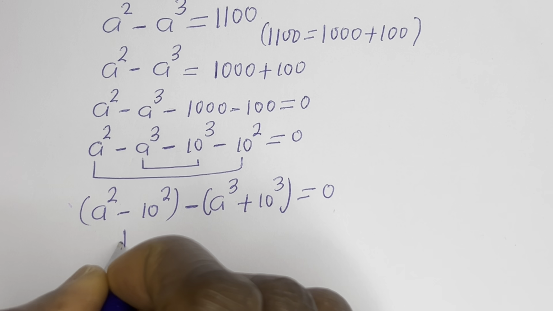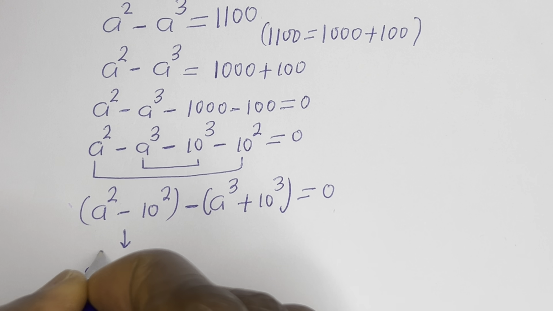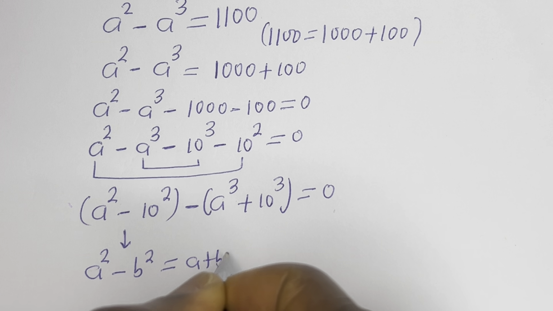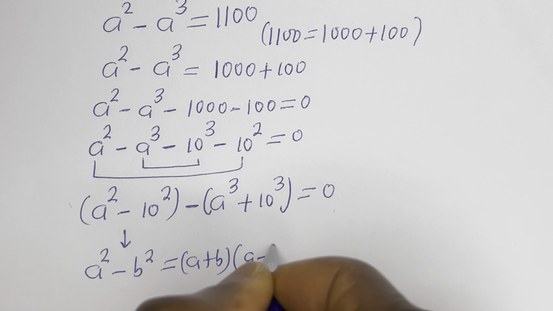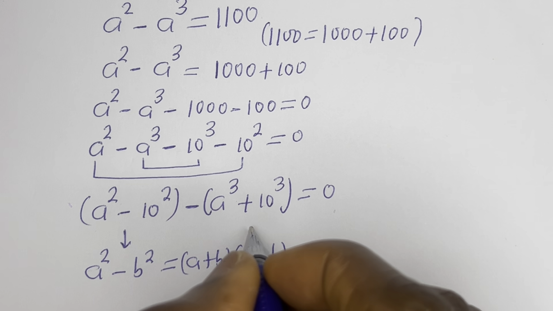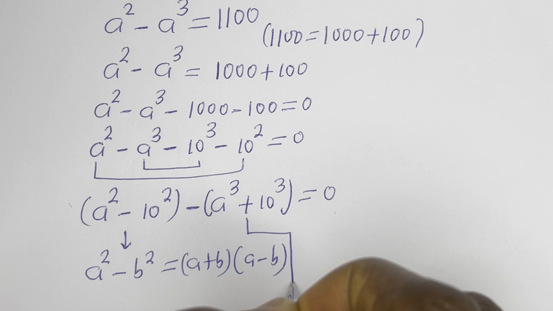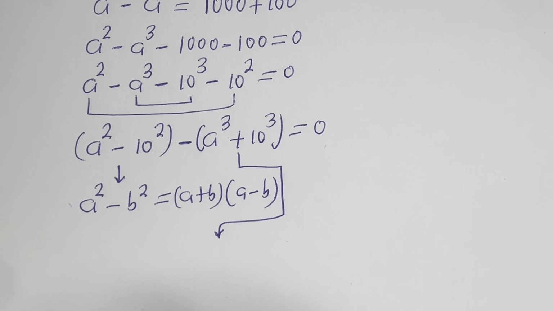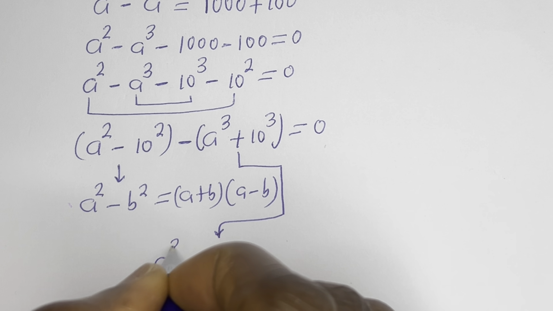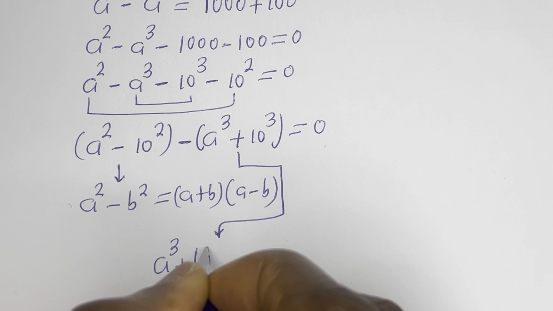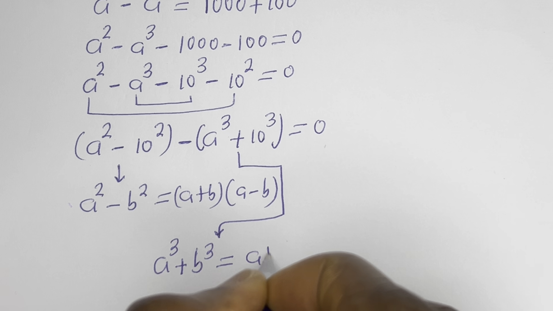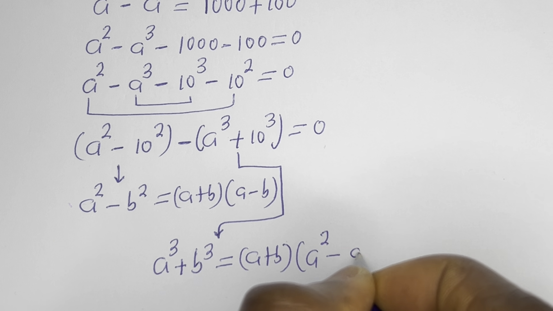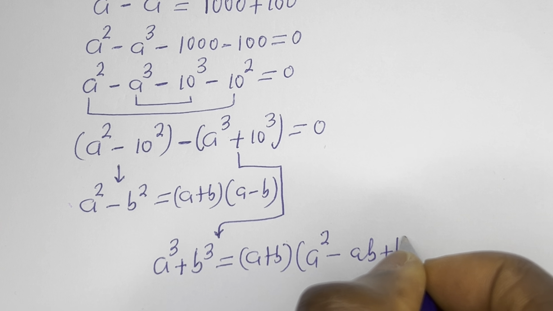From here, if you have a squared minus b squared, this is equal to a plus b bracket a minus b. Also, if you have a to the power of 3 plus b to the power of 3, this is equal to a plus b bracket a squared minus ab plus b squared.